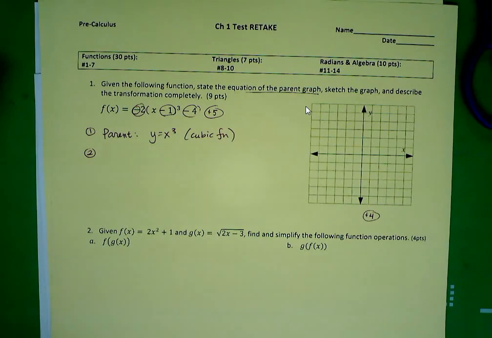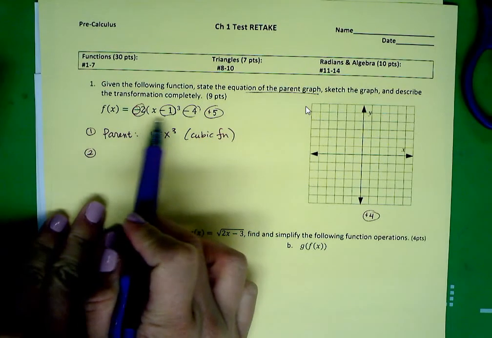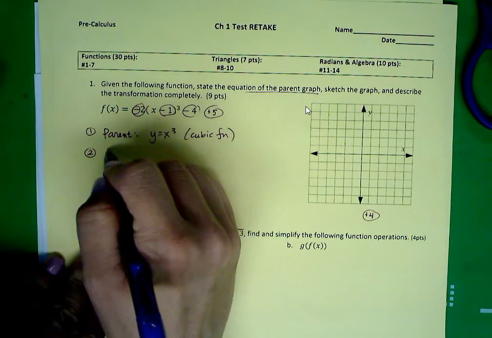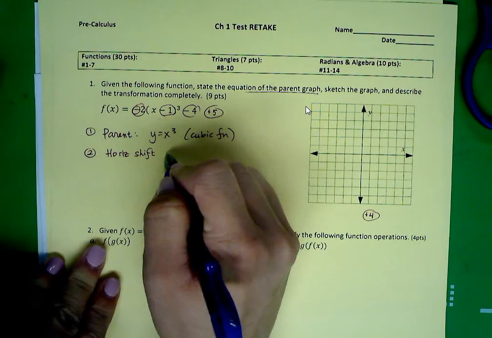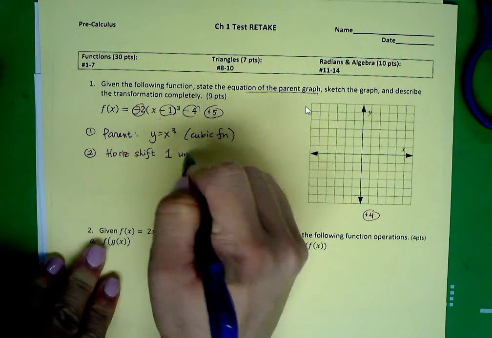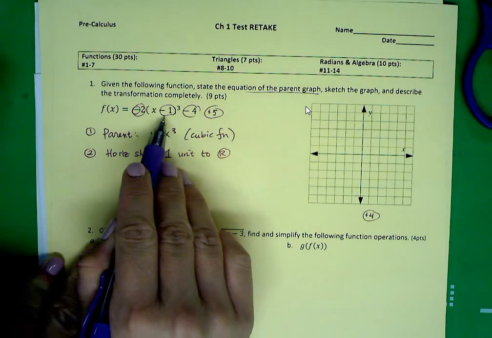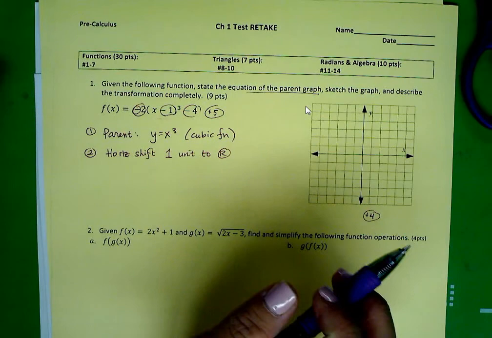So you're going to do this first. So what's this? That's a horizontal shift, right? Horizontal shift, 1 unit to the right. Now remember, if it's minus, it actually goes to the right, and if it's plus, it goes to the left. Horizontal shifts are counterintuitive, the opposite of what you would think.